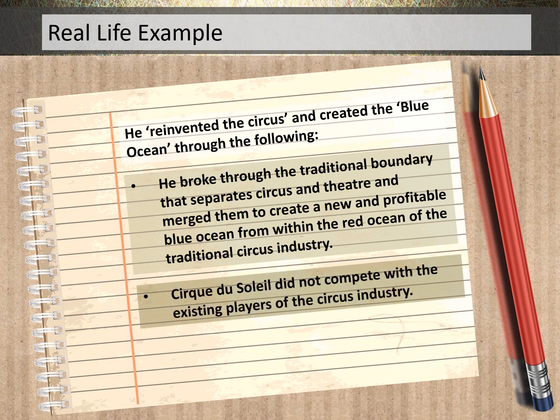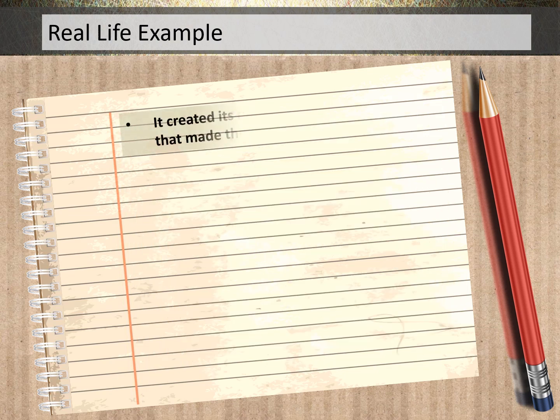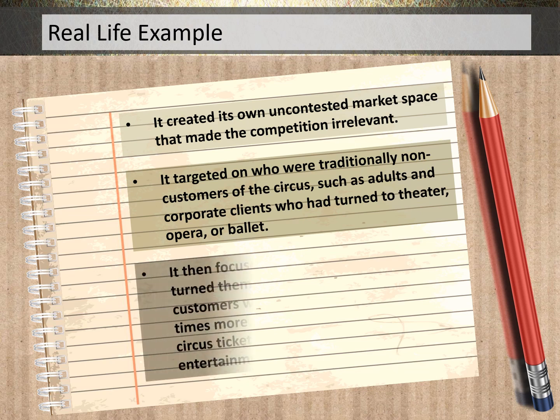Cirque du Soleil did not compete with the existing players of the circus industry. Cirque du Soleil also did not compete within the confines of the existing industry. It created its own uncontested market space that made the competition irrelevant. It targeted who were traditionally non-customers of the circus, such as adults and corporate clients who had turned to theater, opera, or ballet.